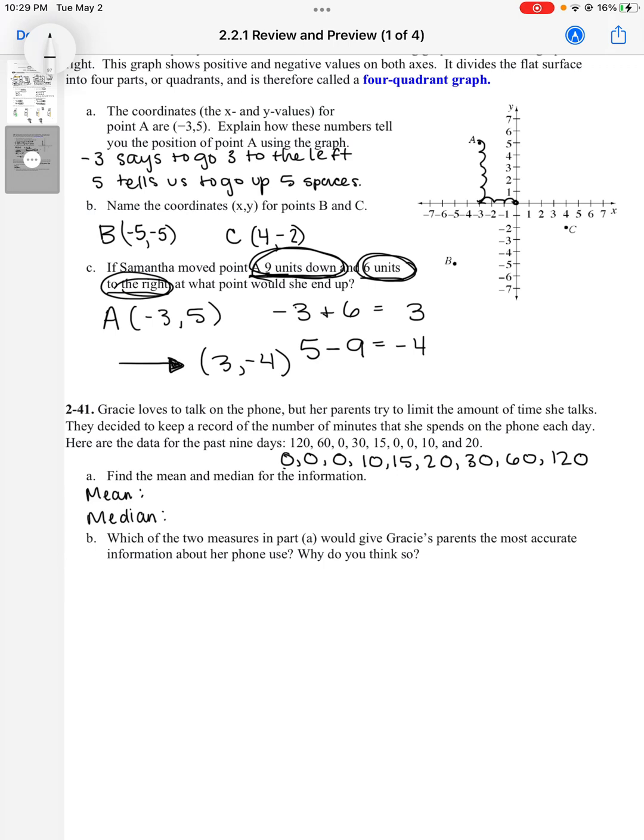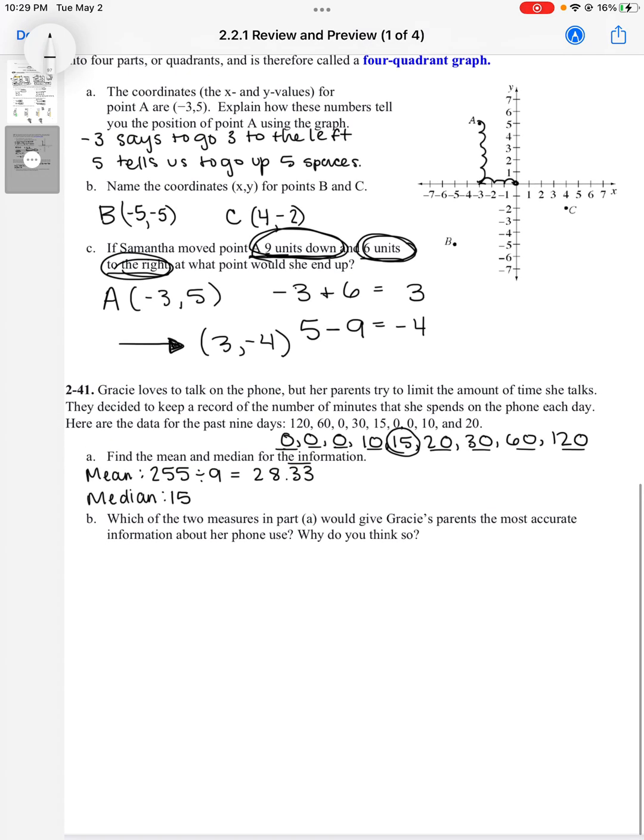Okay, I need to find the median. So 1, 2, 3, 4. 1, 2, 3, 4. My median is 15. When I add all these together, I get 255. I have 9 numbers here, so I divide it by the number of numbers that I added together. 255 divided by 9 is 28 and 3 repeated.